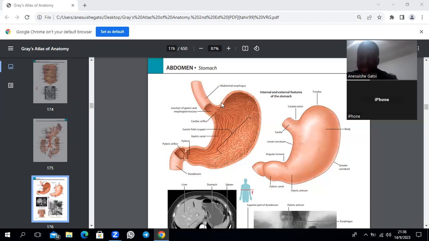This stomach has a capacity of about 1.5 liters. And you know its function, it's involved in storing food. It also mixes the food with gastric secretions, your acid, and other enzymes, because there's also digestion happening in the stomach through gastric lipase, pepsinogen, just to mention a few.